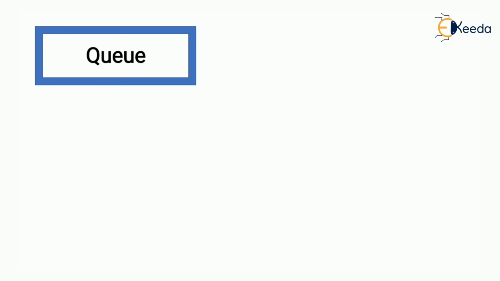Now here we just have the understanding of what is a queue, as we already studied what is a stack in data structure. This is another way of storing data inside the memory.